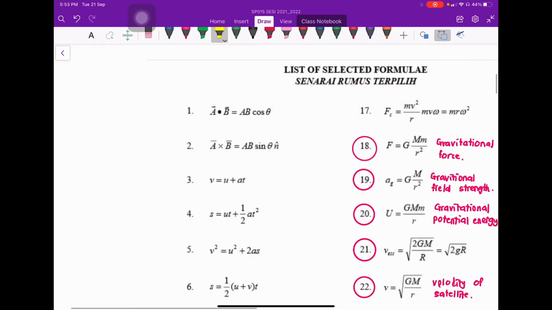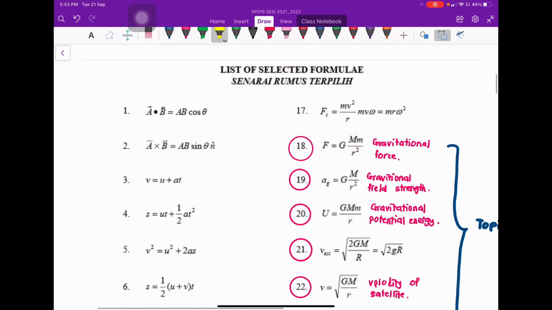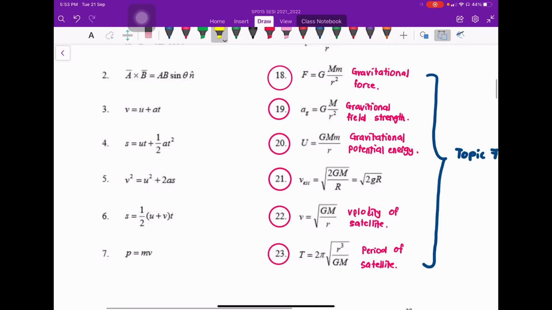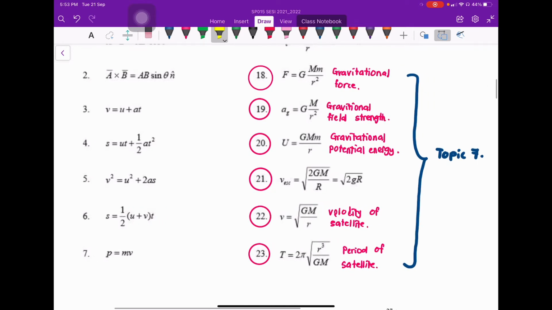Next, related to the equation, the list of selected formulae. So for this topic, we actually have a few equations related to gravitation. First, gravitational force, F equal to G capital M m over r squared.